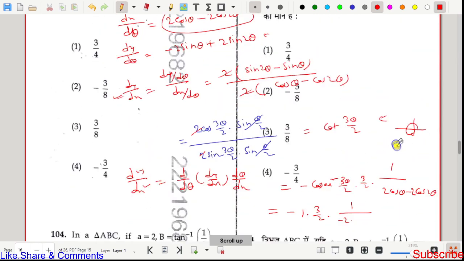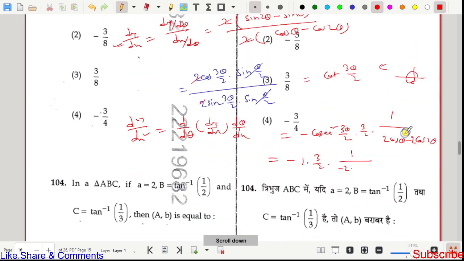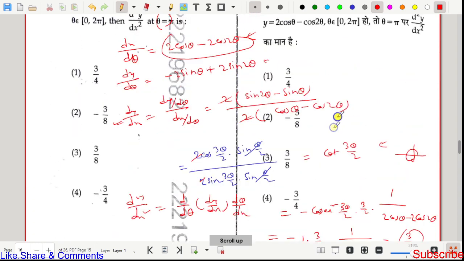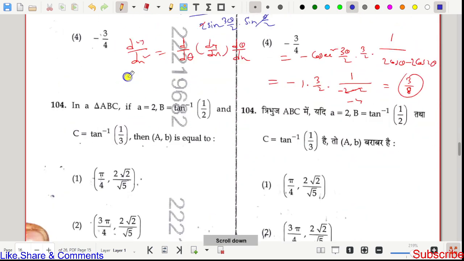Here there is a 2 also, so it will be minus 2, so overall minus 4, that means 3 by 8 is the answer. Clear? 4 times 2 in the denominator gives 8, so it will be 3 by 8. So the third option is our correct answer. I hope you have understood.